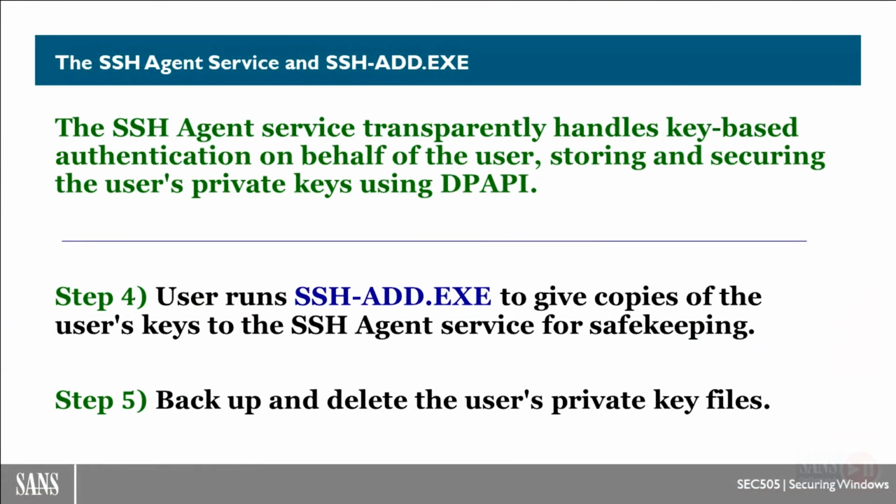So in setting this all up, step number 4 would be to run ssh-add to give copies of your private keys to the agent service. And then step number 5, we would make backup copies of my public and private key files, and then I would delete those files from my machine. Remember, hackers want to steal my private key files. So if I delete them after making a backup, it's going to be more difficult for my adversaries to steal them.